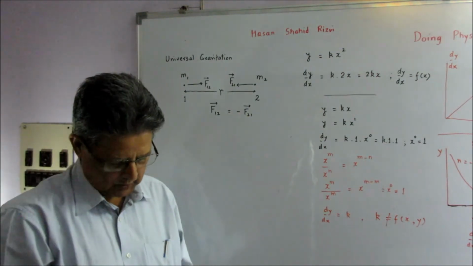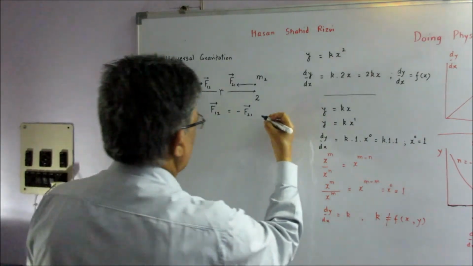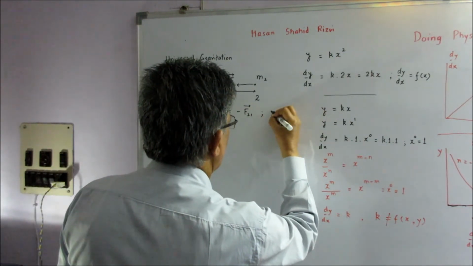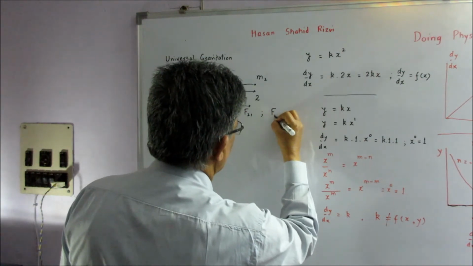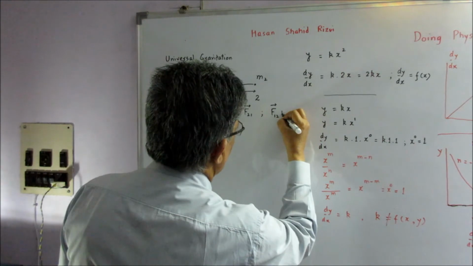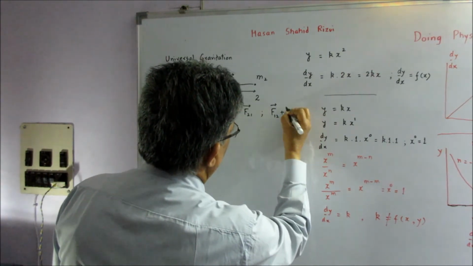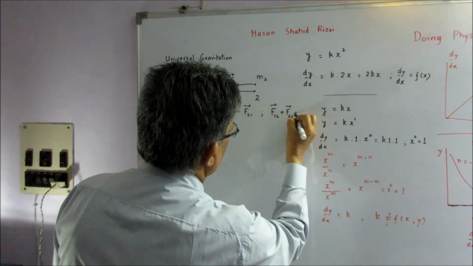So I can also write this as vector F12 plus vector F21 is equal to 0.